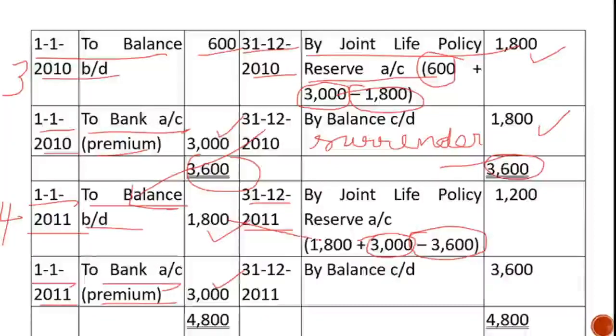Whereas at the beginning of the year you had a balance of 1800, you add 1800 plus 3000, that is 4800, minus 3600, you get 1200 as the transfer made to the joint life policy reserve account, and 3600 as the surrender value. That will be the balance at the end of the fourth year.